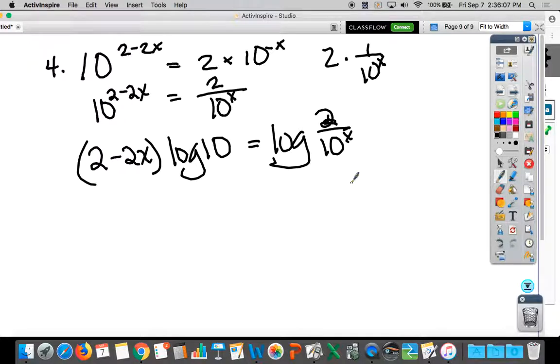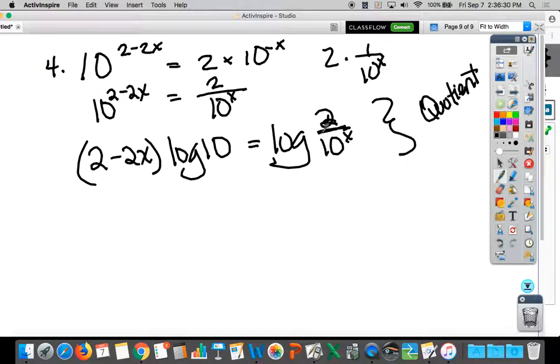You can expand this. What property is this? Power, product, quotient. It's quotient. How do I know?